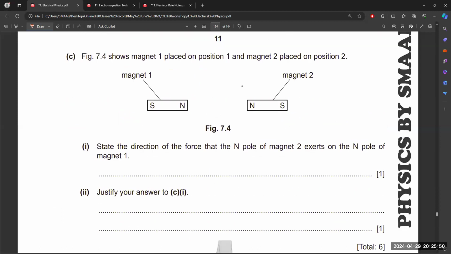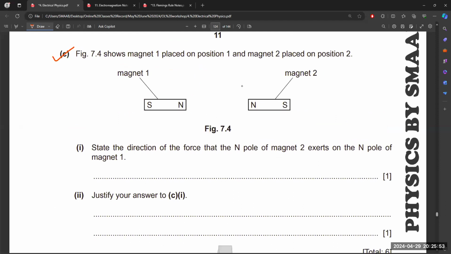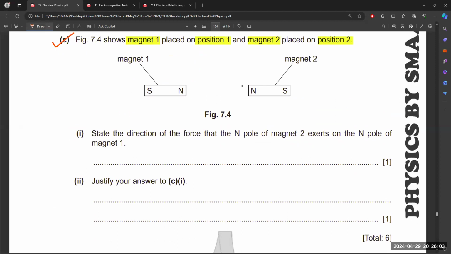Okay, now in part C we have two magnets in two positions. Same magnets on their same positions, just like in the previous two diagrams. So state the direction of the force that the north pole of magnet 2 exerts on the north pole of magnet 1. So basically we know it will be like this.